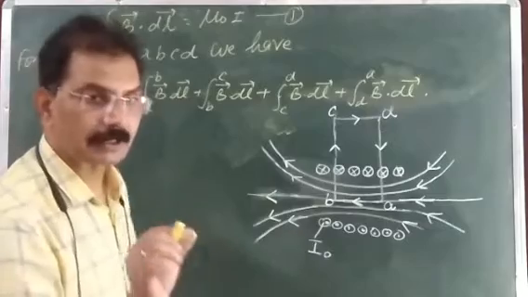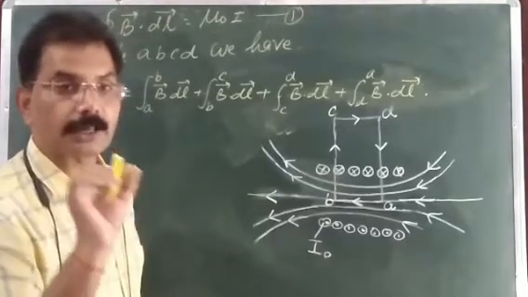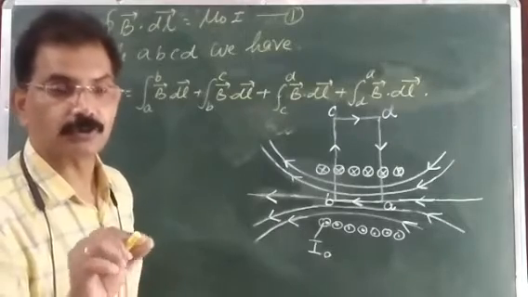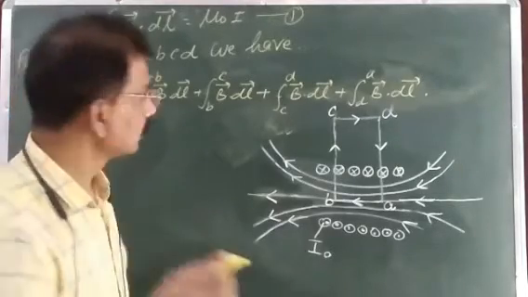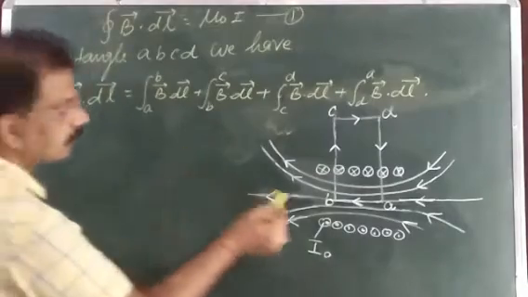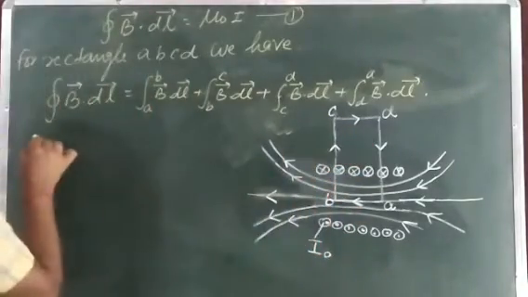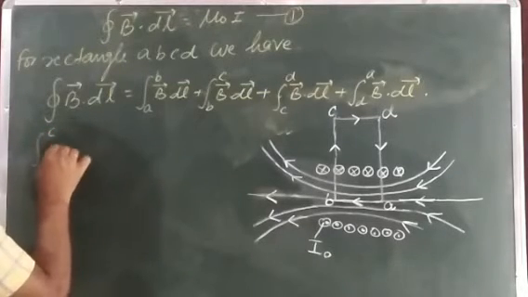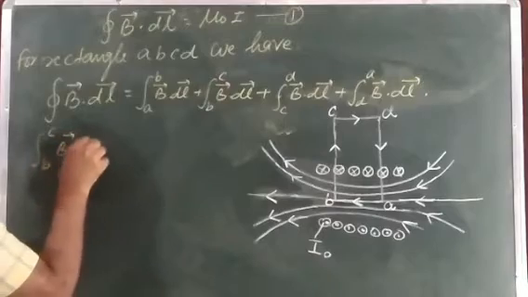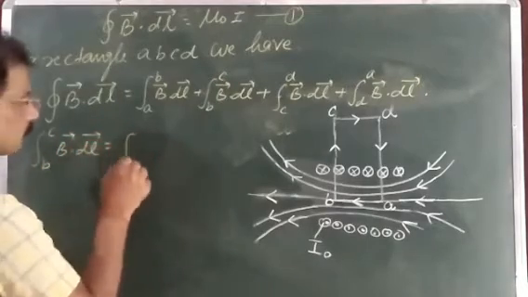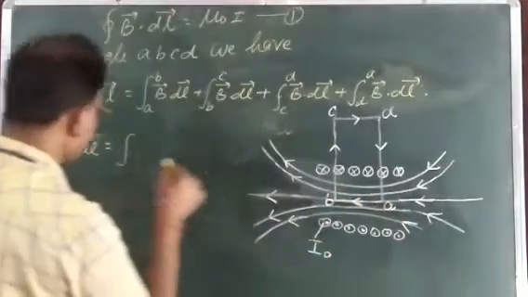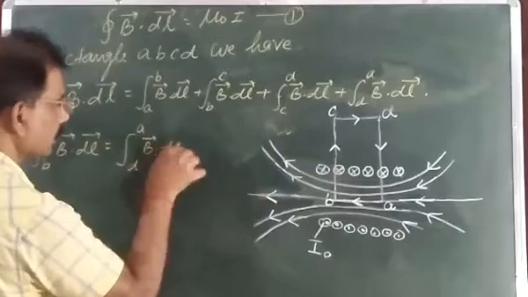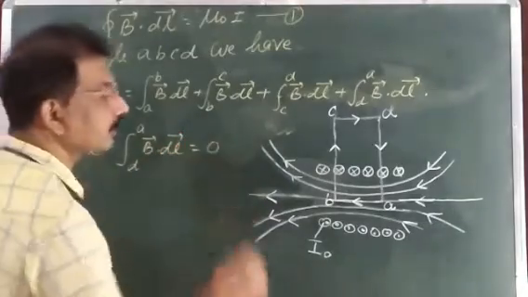And in any vector, A dot B is equal to AB cos theta, and at theta 90 degrees, cos 90 is 0. So whole this value A dot B becomes 0. So simply you can see here, B to C, B dot dl is equal to D to A, B dot dl is equal to 0.